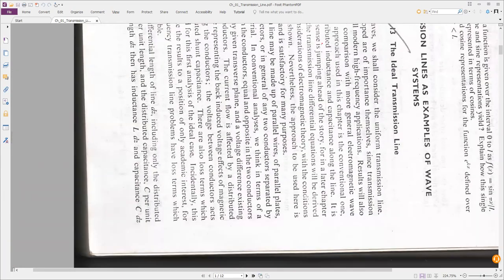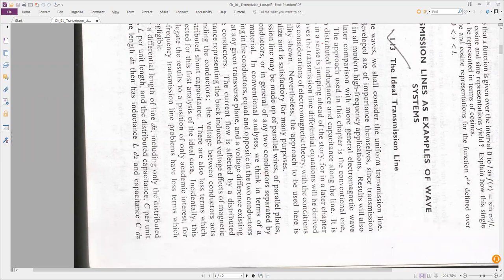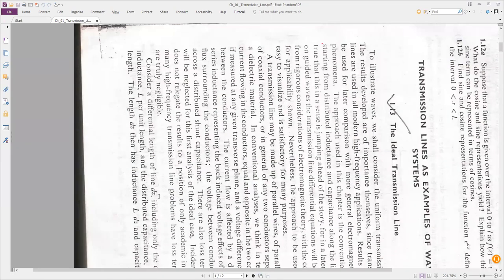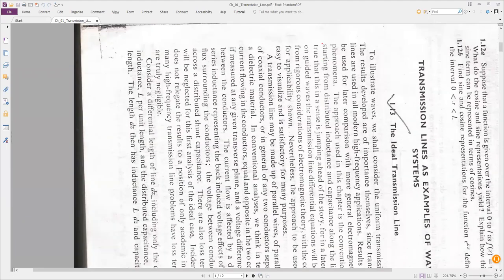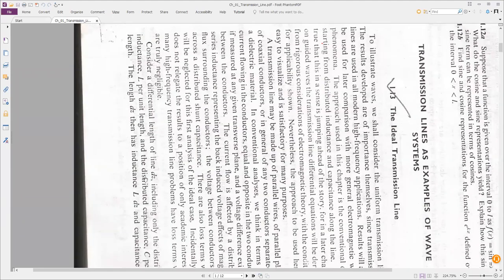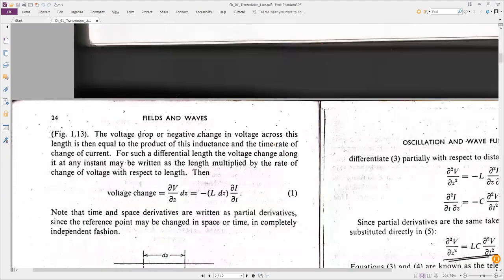Consider a differential length of line dz, including only the distributed inductance L per unit length and the distributed capacity C per unit length. The length dz has the inductance L dz and the capacitance C dz.